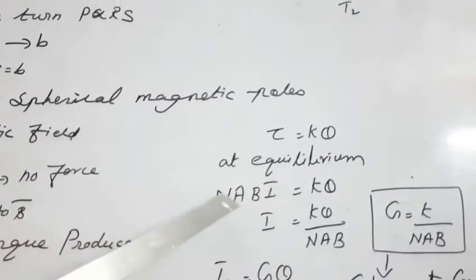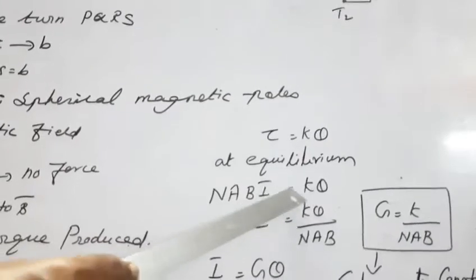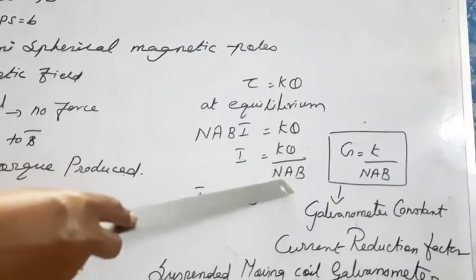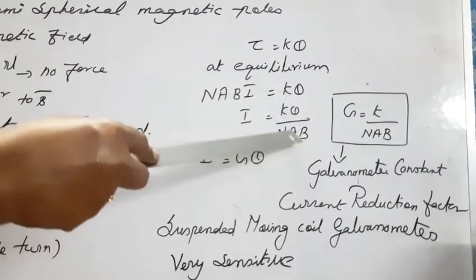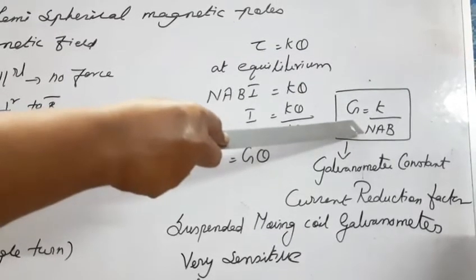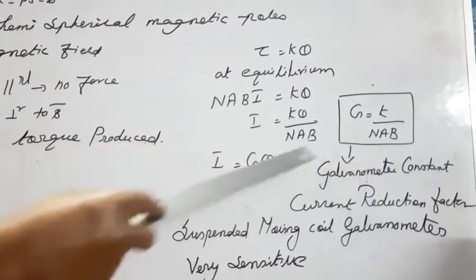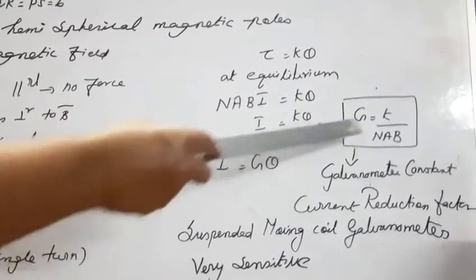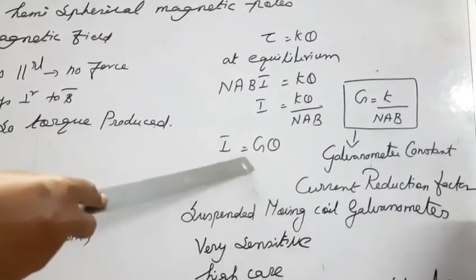At equilibrium condition, NABI equals K theta. Therefore, I is equal to K theta by NAB. And here, this K by NAB is known as G, that is, the galvanometer constant. Therefore, G is equal to K by NAB. Therefore, I is equal to G theta.